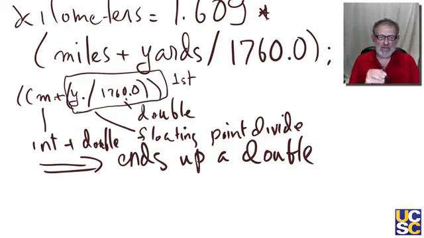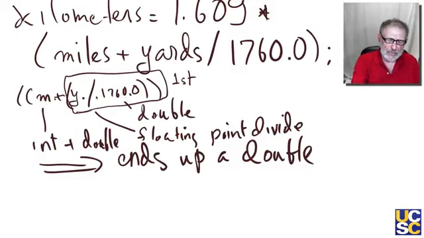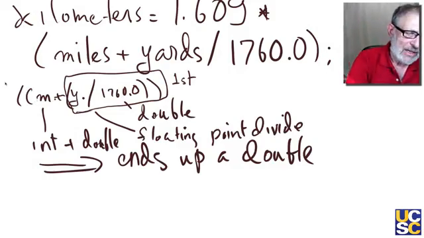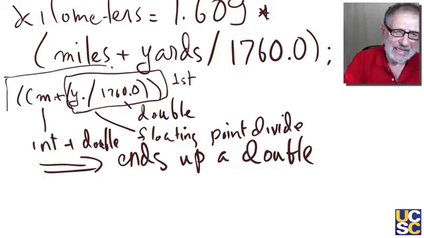Now, 235 divided by 1760, if 1760 was an integer, the answer would be 0. But since it's a double, you get an appropriate to something like 6 significant figures expression for that value, a fraction. And we didn't want it 0. Now, once this expression is double, and we do this divide, and we get whatever we get, and then we add in miles, the second thing we've done is now add miles to that.